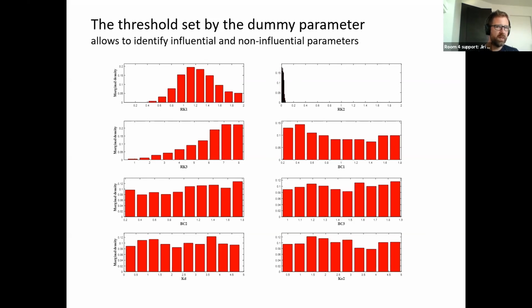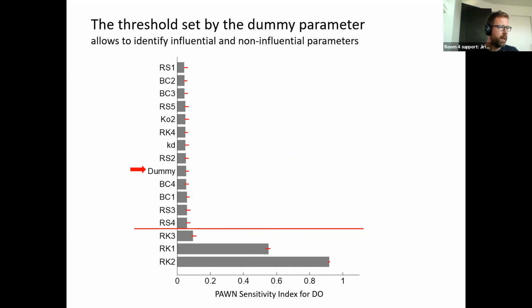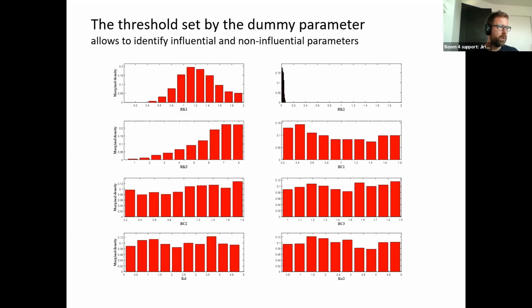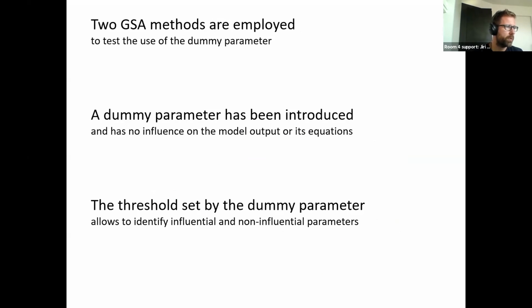You could also see from this actually that this RK2, which was visible in the previous slide, is very influential. If you would look at the posterior distributions of the parameters, if we were optimizing, that is RK2, which was the most influential one, is also the one that is best identified by the algorithm, which also shows that this is the most influential parameter.